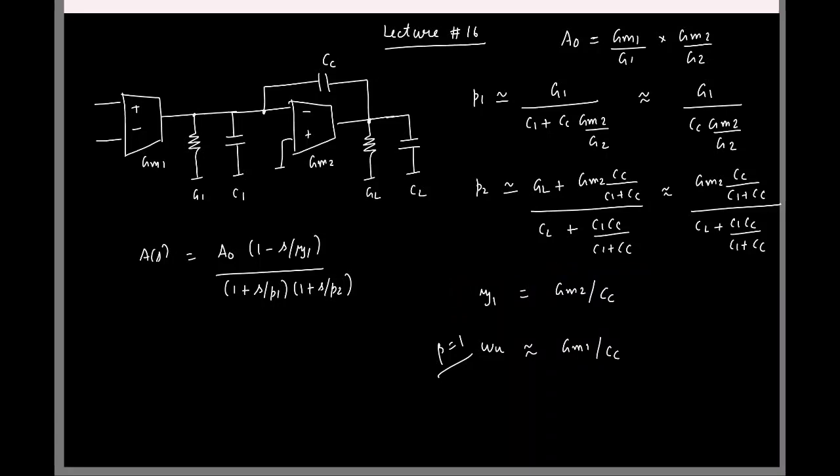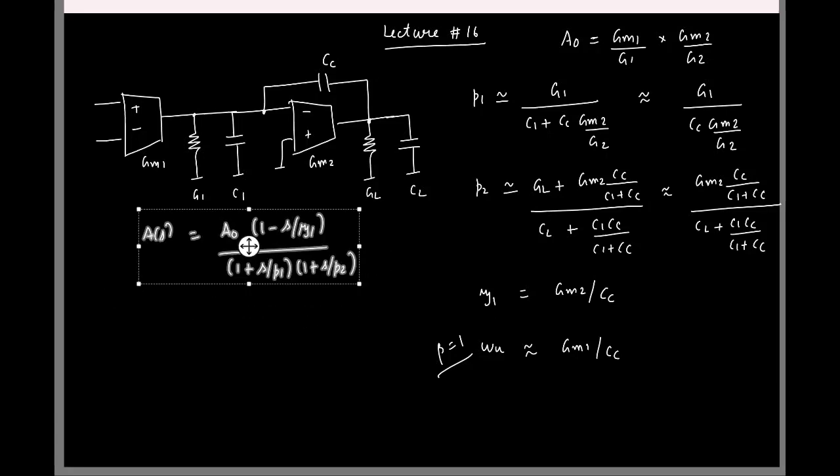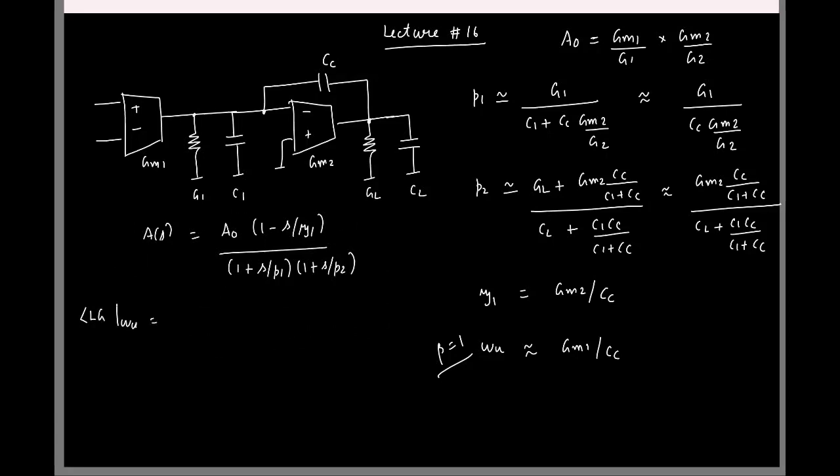Okay, so let's quickly write the phase also. What is the phase of the loop gain at omega U? We'll have the contribution due to the first pole. But omega U is approximately DC gain times P1.